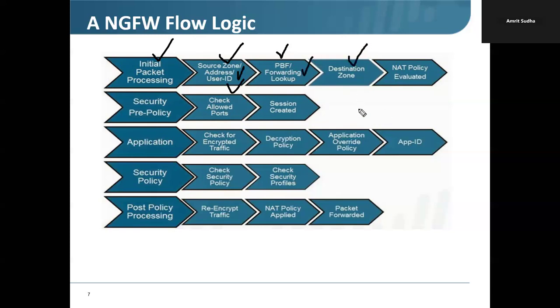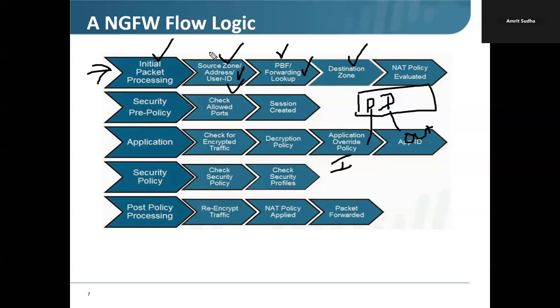Okay, so suppose your firewall has two interfaces, one interface belonging to the inside zone and one to the outside zone. Suppose the outside zone is receiving this packet.